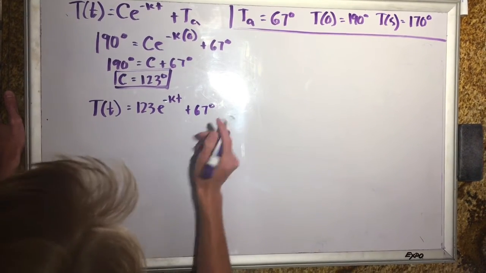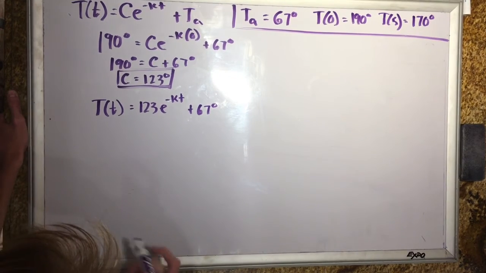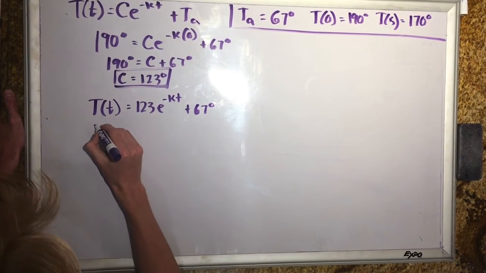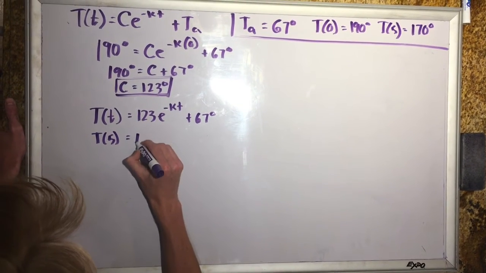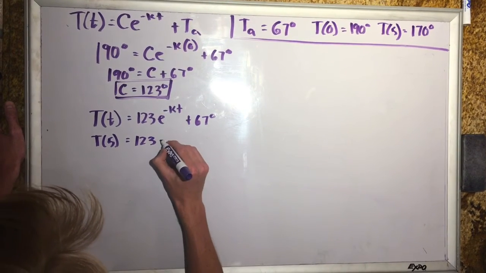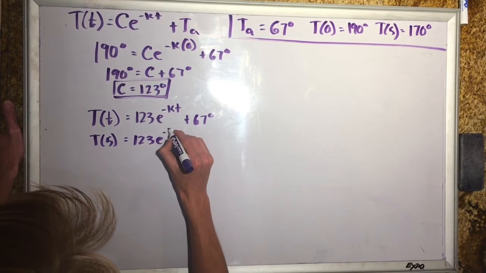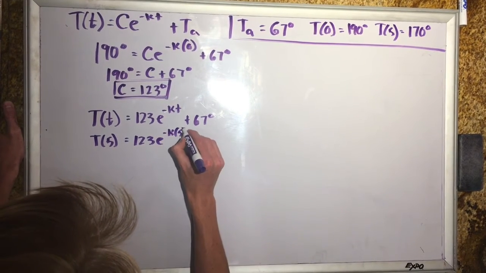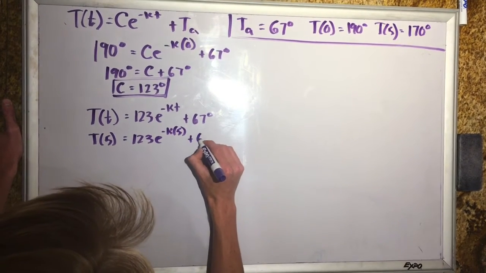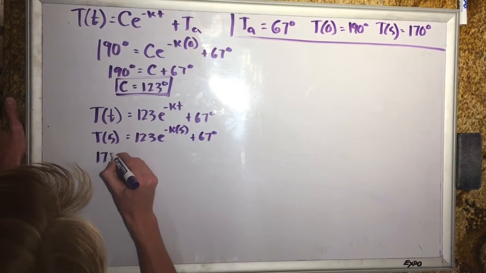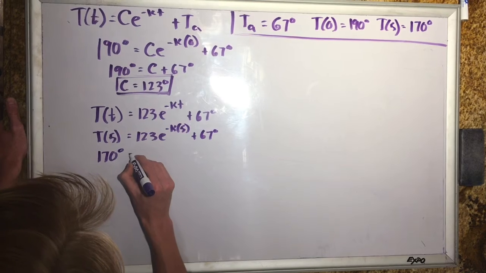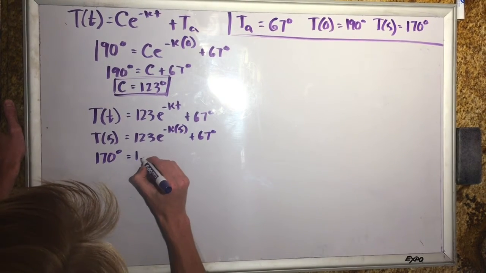Now we can use some of the information we gathered to find k. After 5 minutes, the brownies were at 170 degrees. If we plug this in, what we get is that 170 is equal to 123 times e to the negative 5k plus 67.